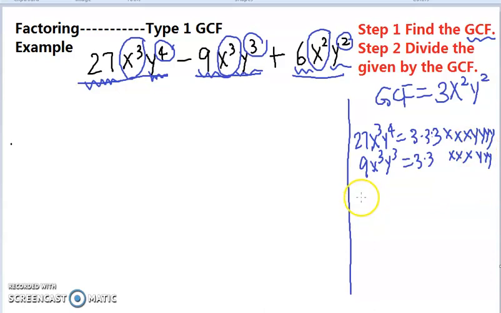And then the last term is 6x squared y squared. So we're going to break down 6 as 2 times 3. So we put a 3 here, and a 2 I have to put at the end because it's not lining up with any of the numbers we have. And x squared, we got 2 x's, and y squared, we got 2 y's.